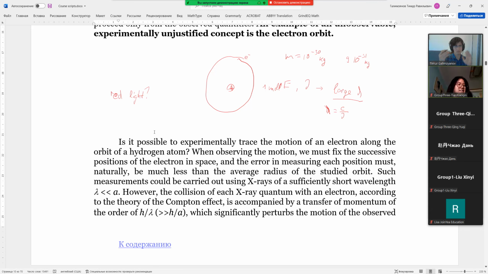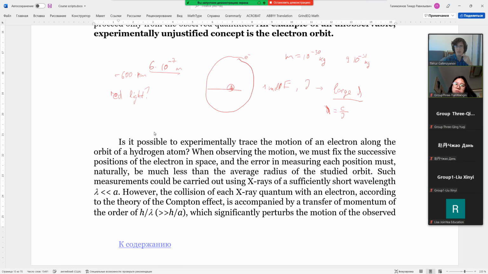Not precisely, but just the order of magnitude. Okay, the light frequency is about hundreds. Red light, probably it's about 600. I can be mistaken, 6, 7, or 5. It's 600 nanometers. So it's 6 times 10 to minus 7 meters.